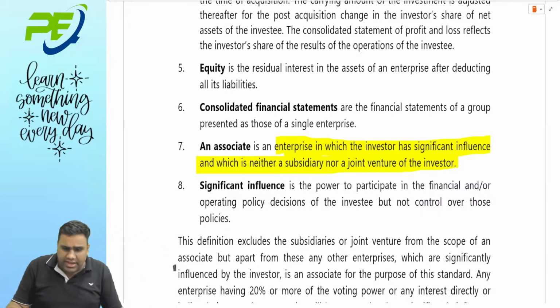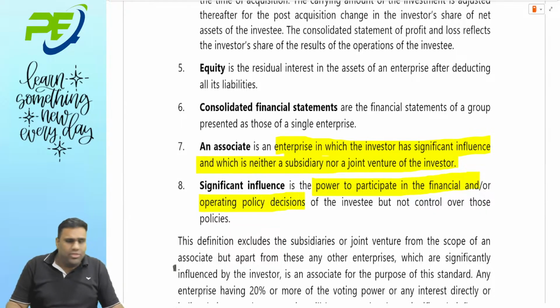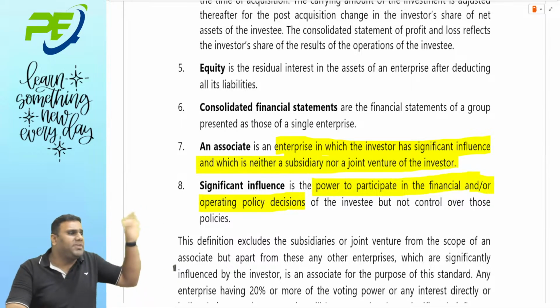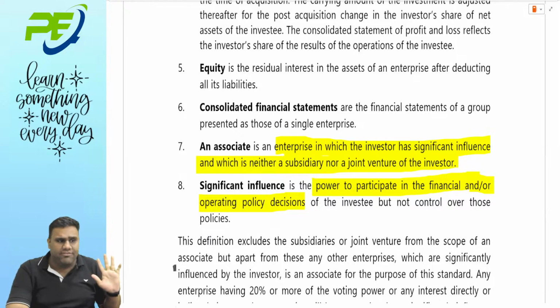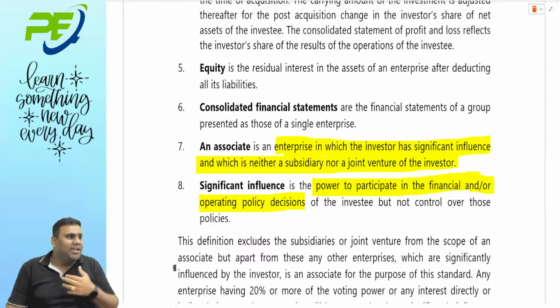Now, what is significant influence? It is the power to participate in the financial or operating policy decisions. So either financial or operating. Financial decisions we have already learnt in FM. Either those decisions you can take, or operating decisions. We learned in CA Foundation that 20% means significant influence.